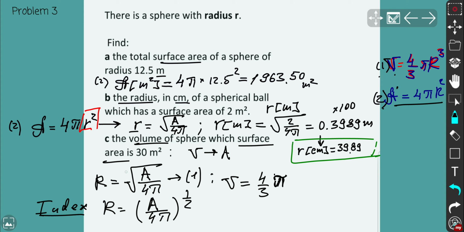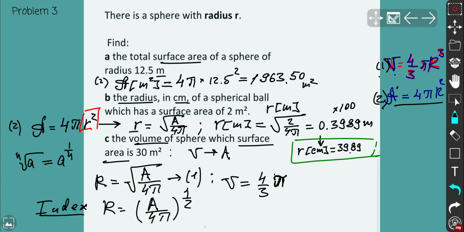If you convert into index form, it's going to be 1 over 2, because according to the property of indices, the nth root of a is going to be a to the power of 1 over n. So you swap that nth root power in as a fraction; basically you flip it over and it becomes 1 over n instead. So I use this fact here.